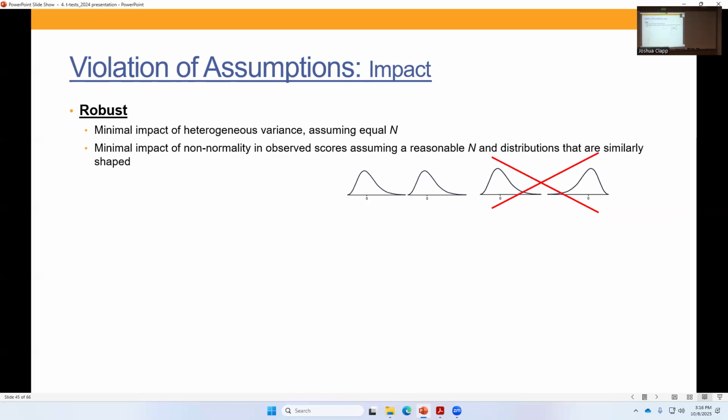Unless you start to have distributions that are wildly dissimilar in their shape. Let's say you're doing something with different manipulations about norms and honor, and one group has a pretty intense positive skew, while your other group has a pretty intense negative skew in the opposite direction.